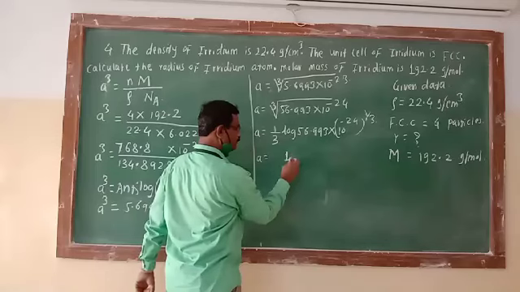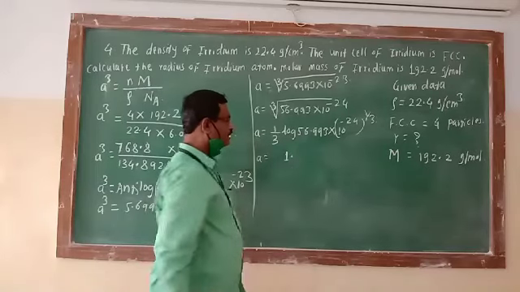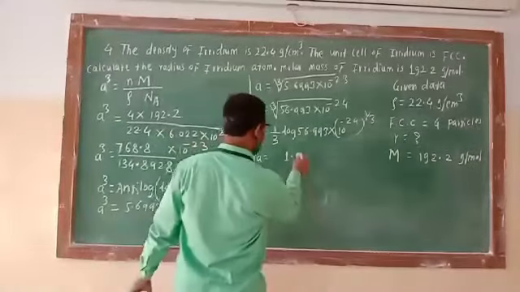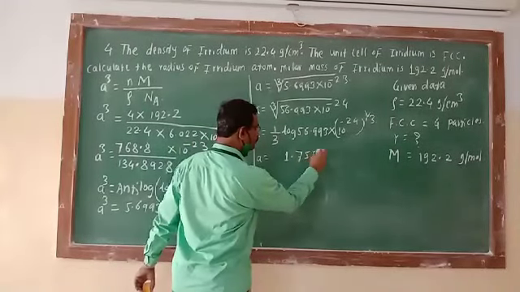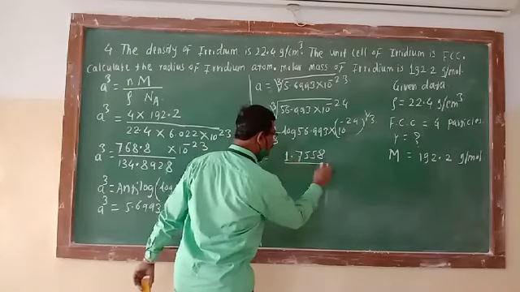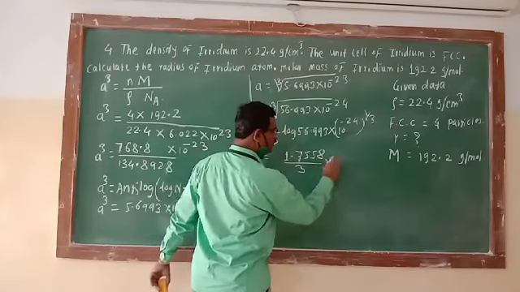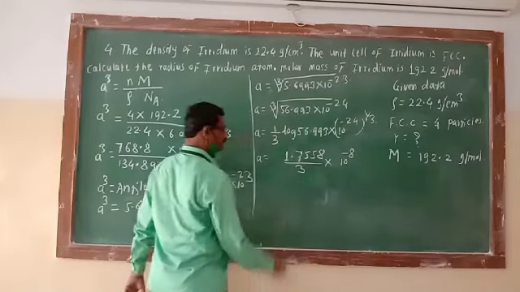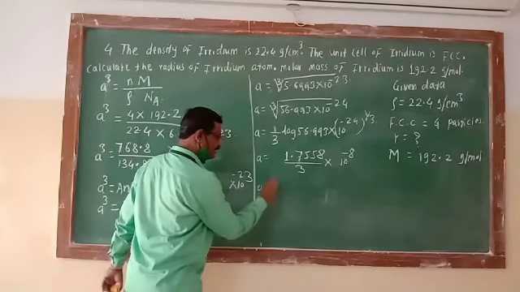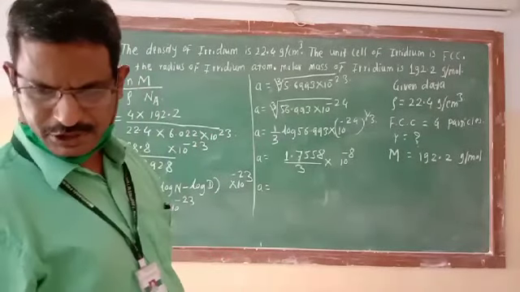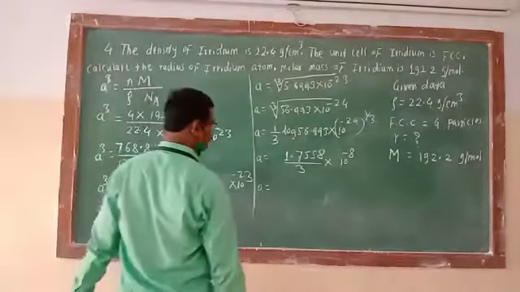The log of 56.99 is equal to 7558. So 1.7558 is divided by 3, multiplied by 10 raised to minus 8. So this is divided by 3. a is equal to, the answer comes equal to, this we have to solve.